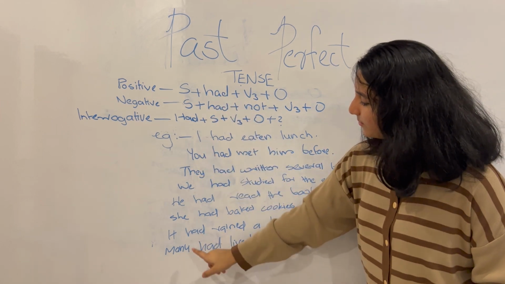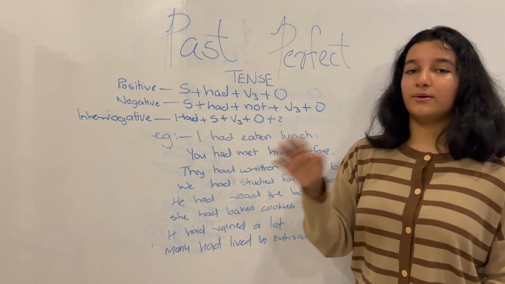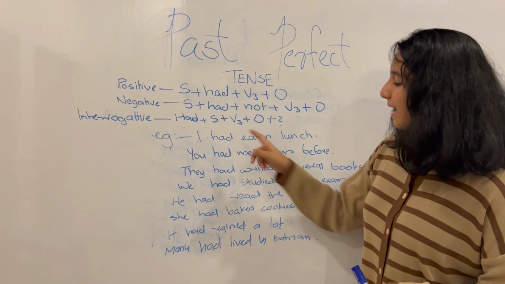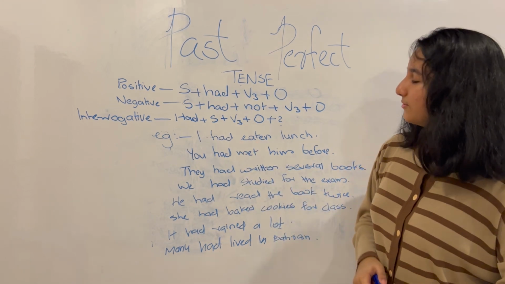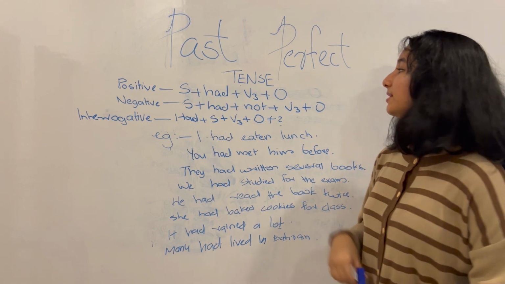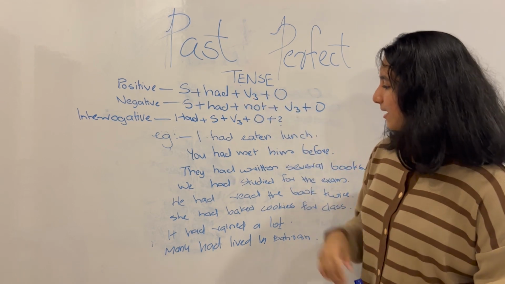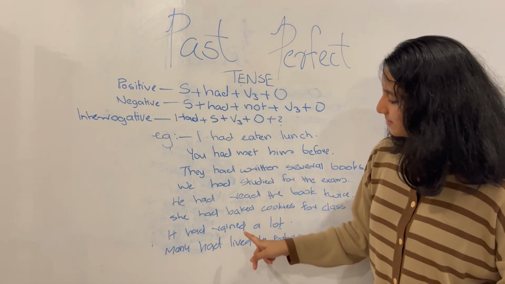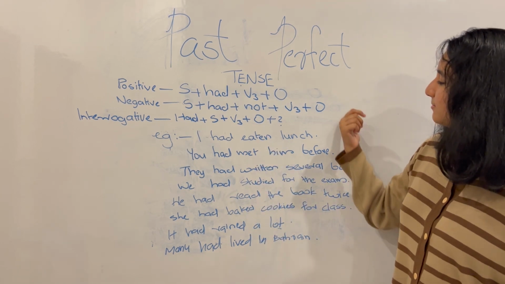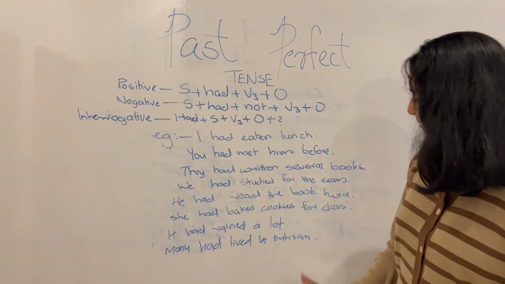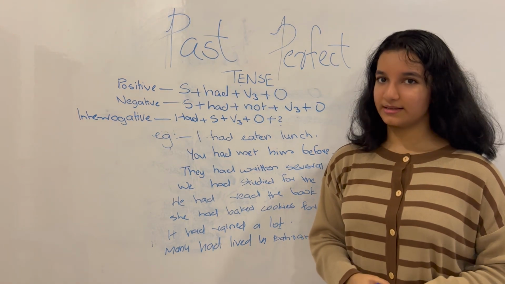It doesn't matter which subject you have, singular or plural, we will always use had. Then we write a verb to go along with it, and the verb is in the third form, and as you can see here, all of these verbs are in the third form. And next up we have an object, which you can see is added to the sentence.